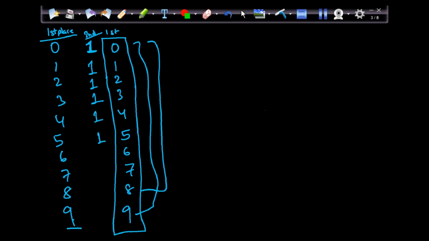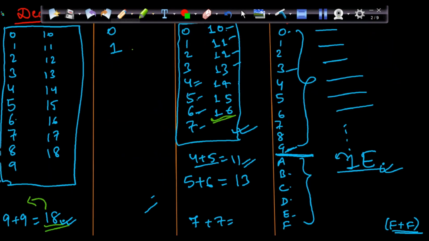But at the first place, there will be as many numbers as the number of digits in the number system. And when you are adding two digits, the result will not cross the numbers with 1 at the second place.